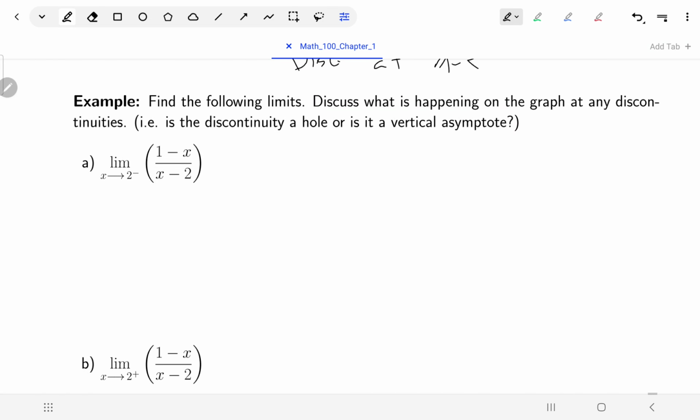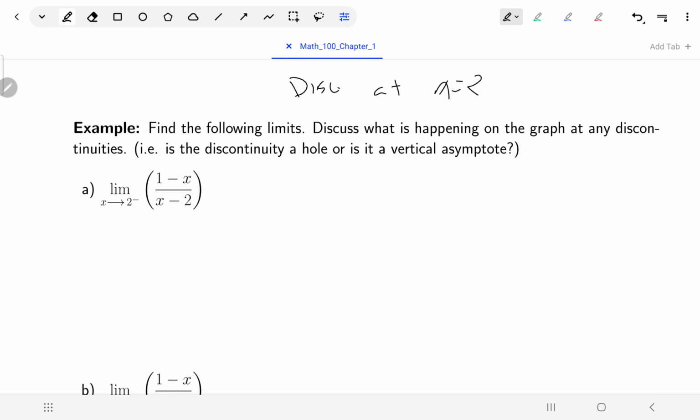So I'm going to look at the numerator first for this one, and I'll say the limit as x goes to 2 from the left of 1 minus x, and then I'll do the same thing for the denominator. The limit for the numerator as x goes to 2 from the left would be just 1 minus 2, which is negative 1.